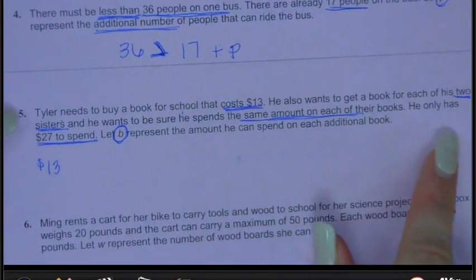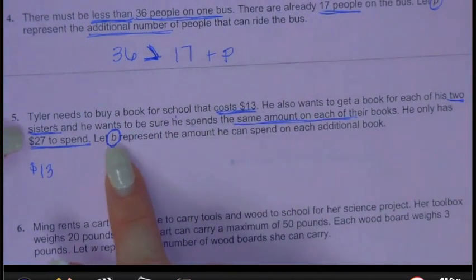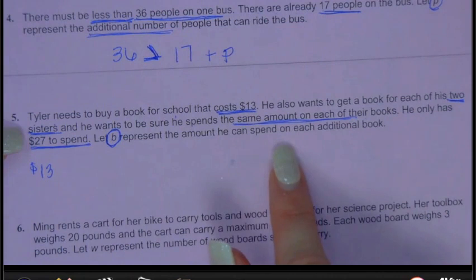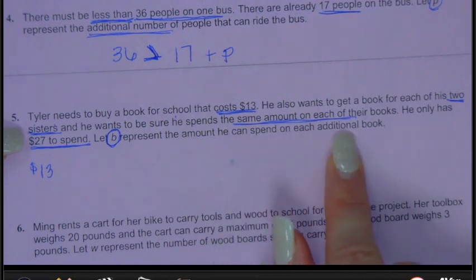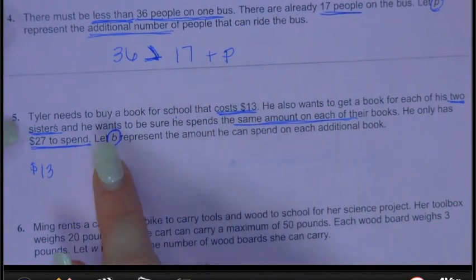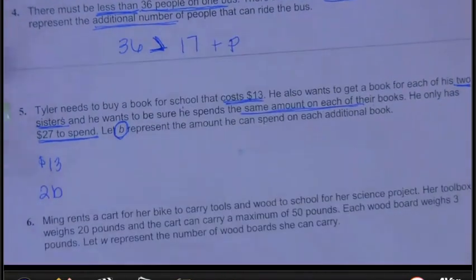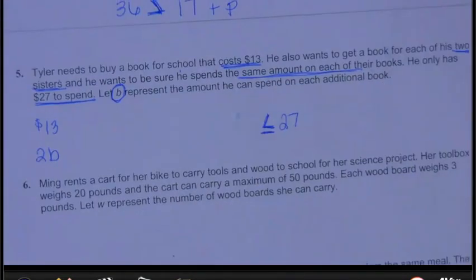He wants to get a book for each of his 2 sisters, and we're told that B represents what he can spend on each of the books for his sisters, and he'll spend the same amount. How many extra books does he need to buy? He needs to buy 2 more books.